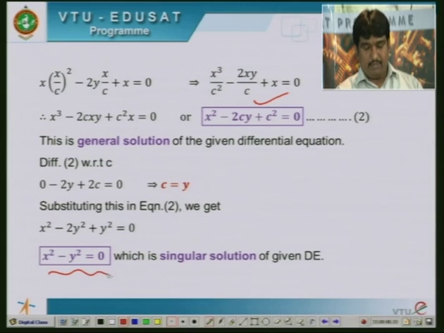The same equation, x square minus y square equal to 0, we obtain by equating the other factor p square minus 1 equals to 0. Now, let me summarize this.